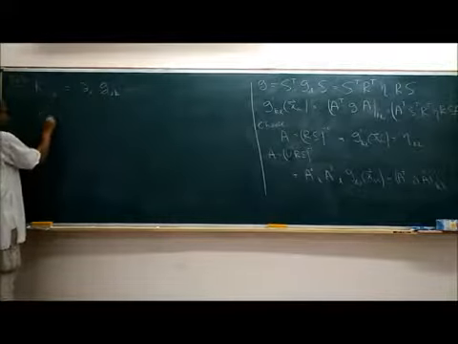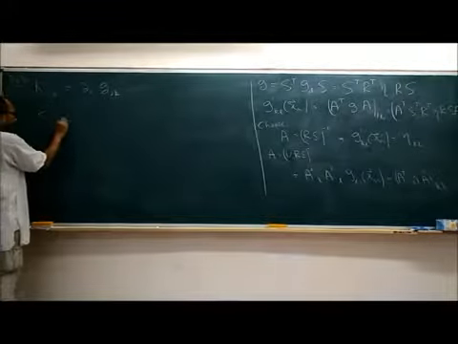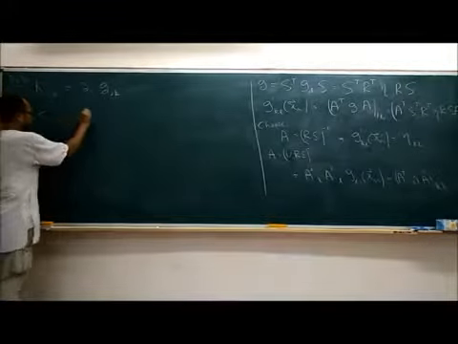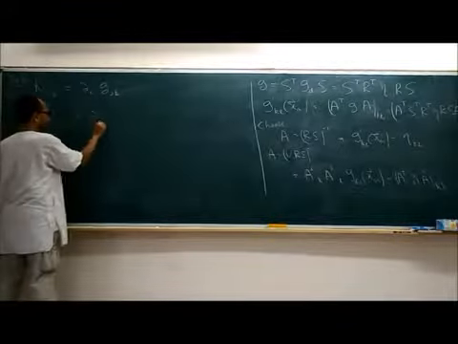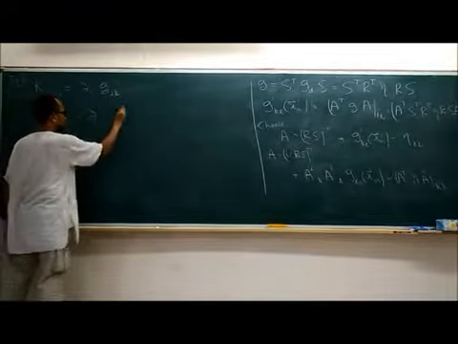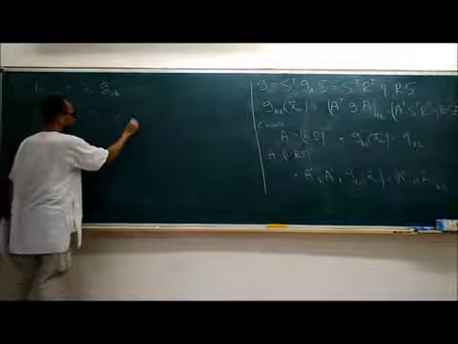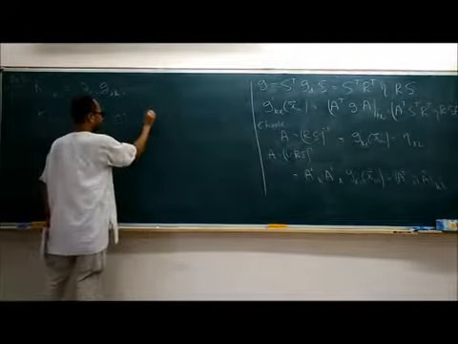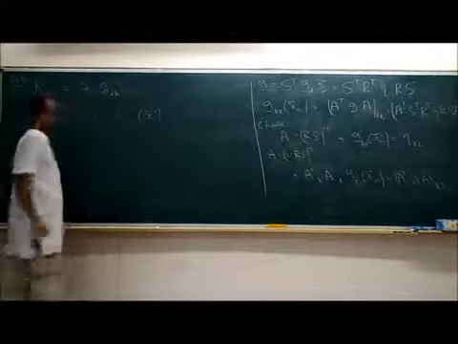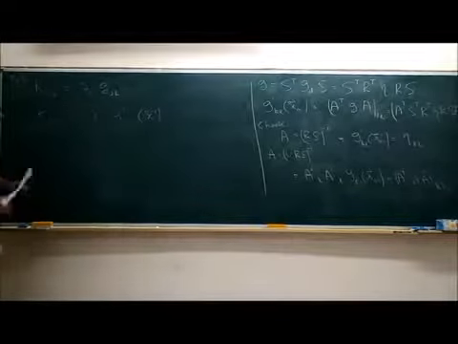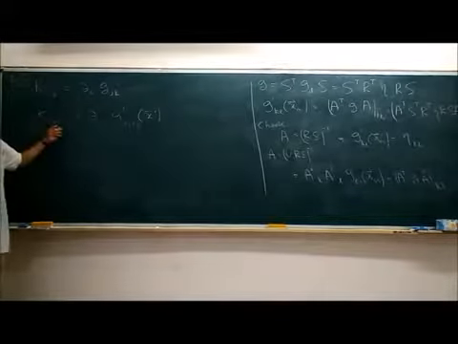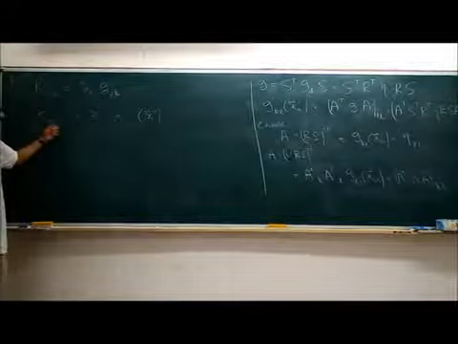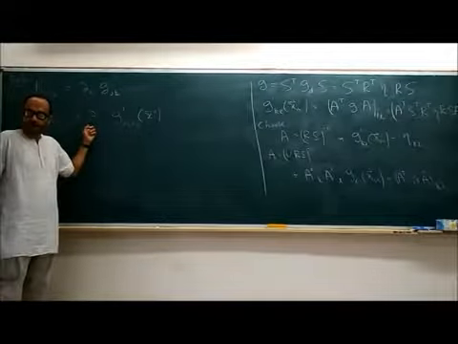Let me write it as i1, i2, i3. k' i1 i2 i3 is del' i1 g' i2 i3 of x'. Now you have to relate it to k to check if it's really a tensor or not.